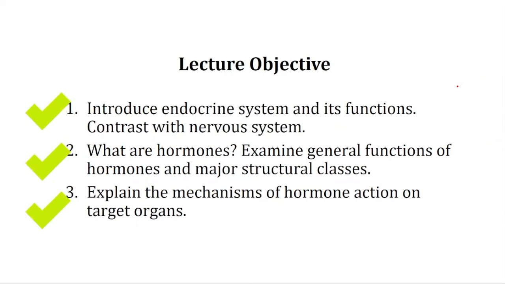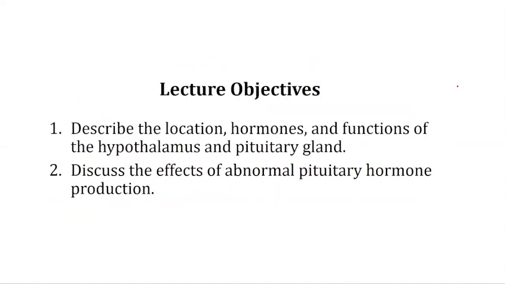So far we've talked about the endocrine system, its functions. We've made a comparison between nervous system and endocrine system, and we've talked about hormones, general classes, structures, and also mechanisms that are associated with the structures. Now we're going to move on and talk specifically about hypothalamus and pituitary gland.